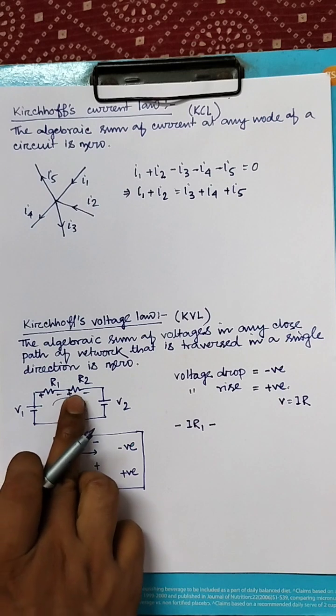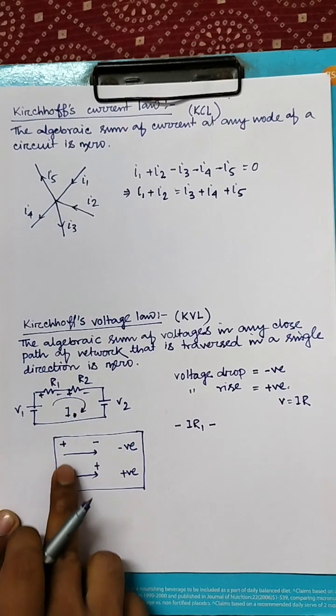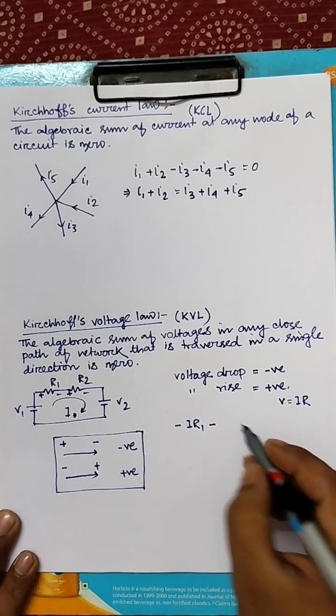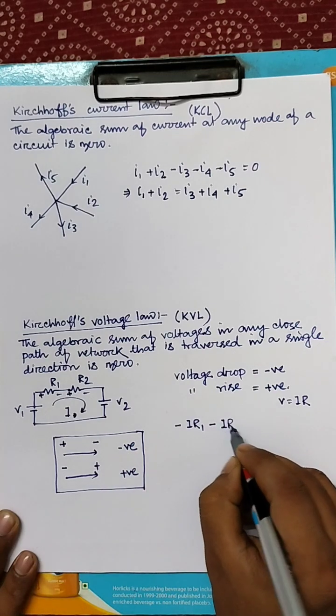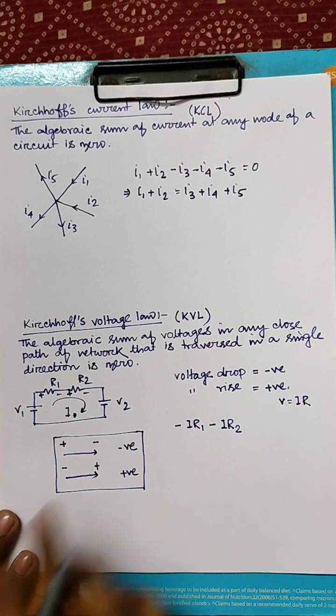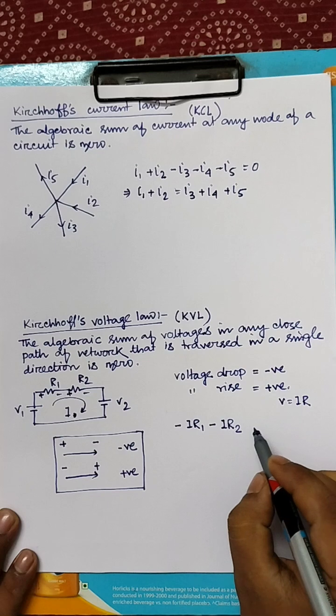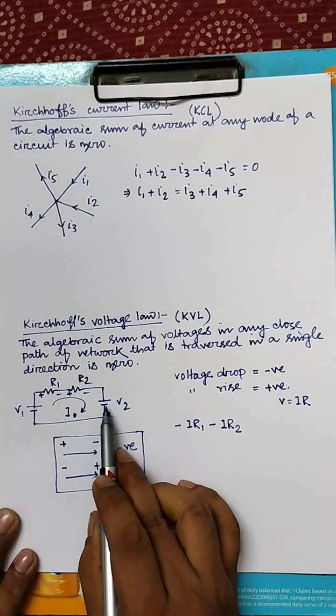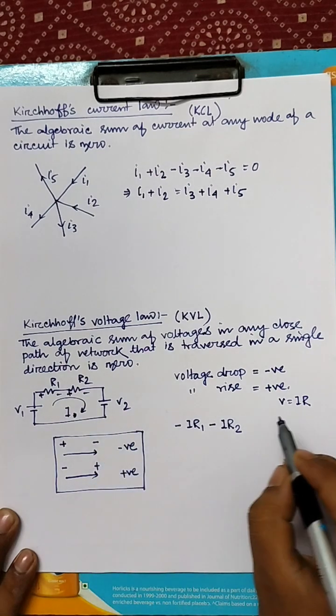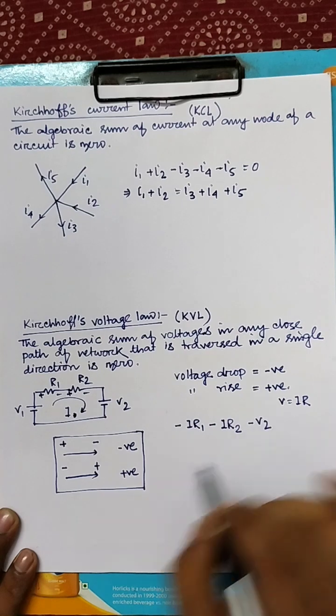Minus, again current is passing through R2 and the potential is again positive to negative, so voltage drop. That means minus I R2. Then for V2 and V1, current is entering from positive to negative, so here we can write, as it is also flowing from positive to negative, minus V2.